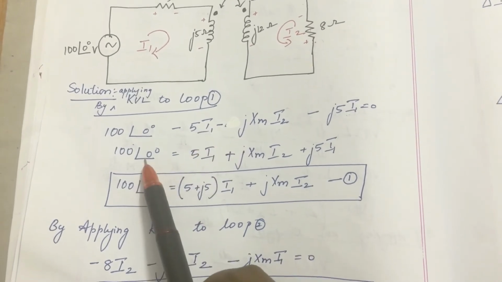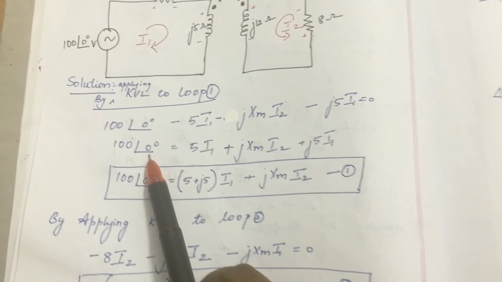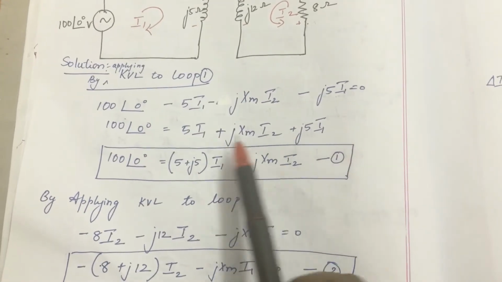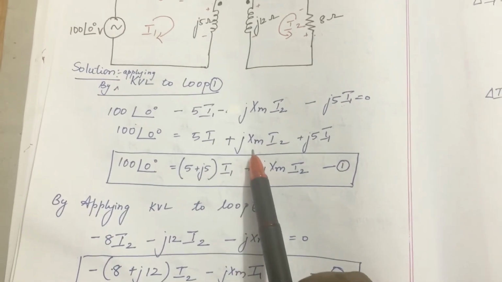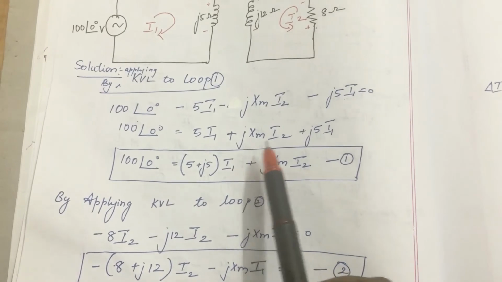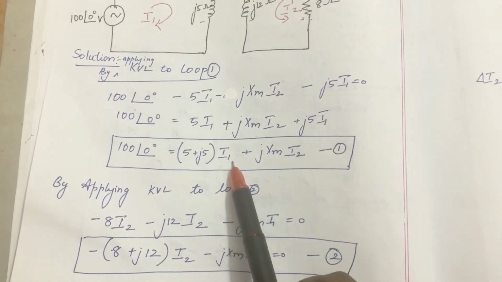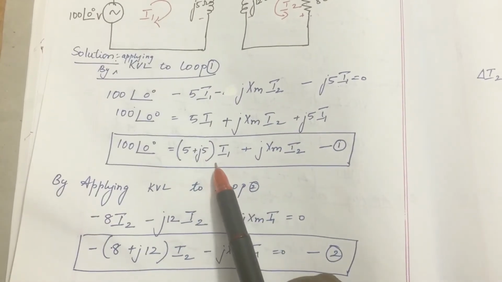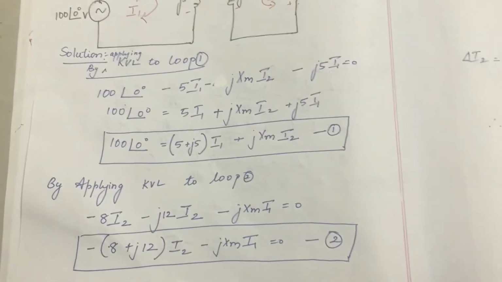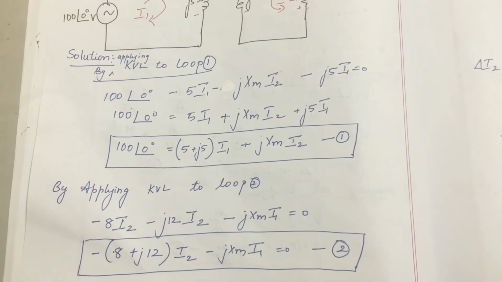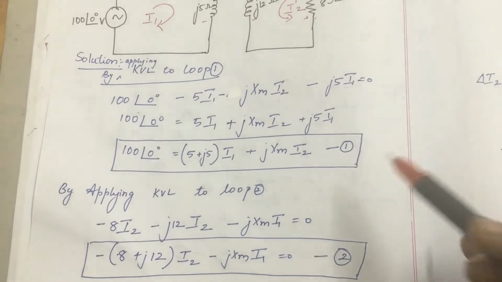I can rewrite this equation by keeping the voltage on the right hand side and all the other terms on the left hand side: 5I1 plus jXM I2 plus j5I1. Taking I1 as common, (5 plus j5) I1 plus jXM I2 equals 100 angle 0, and this will be my first equation for the first loop.